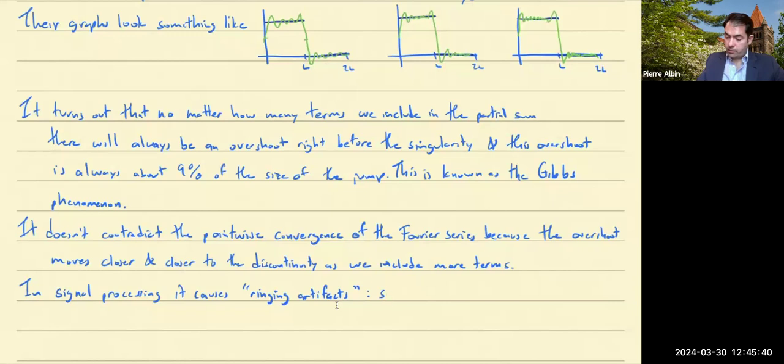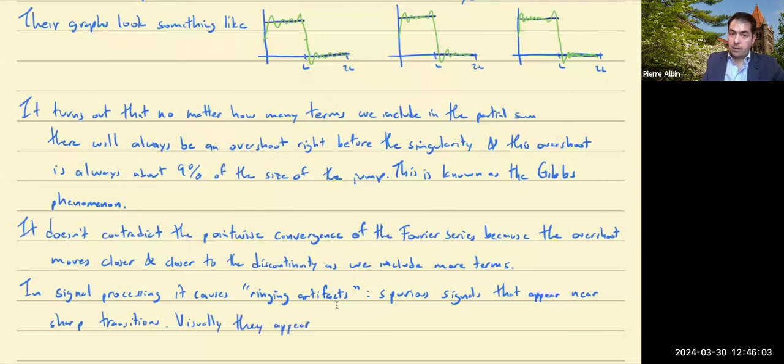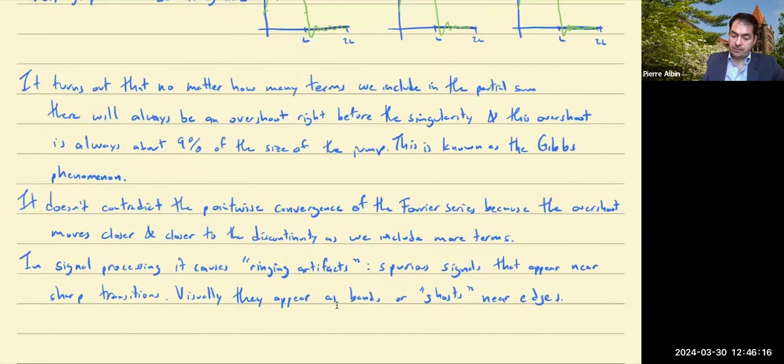So here we have spurious signals that appear near sharp transitions. Visually, they appear as bands, or they're called ghosts, near edges.